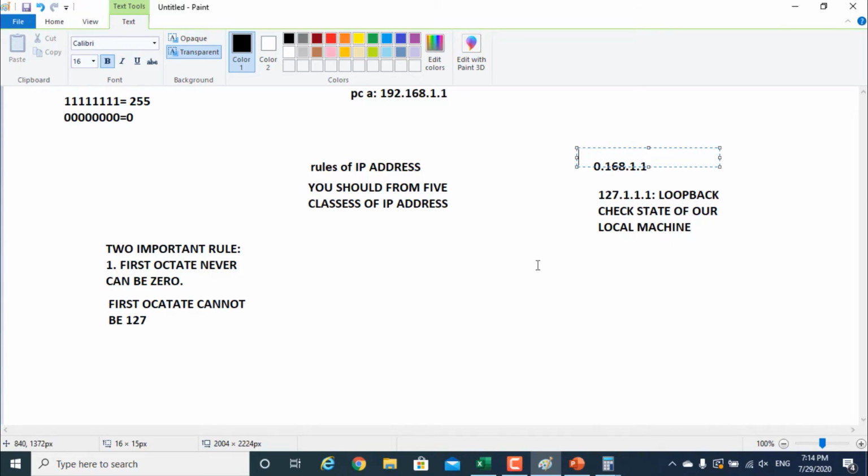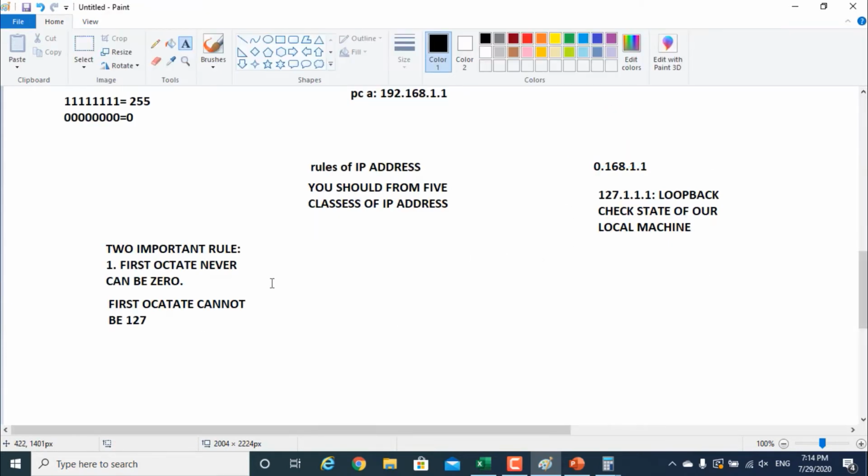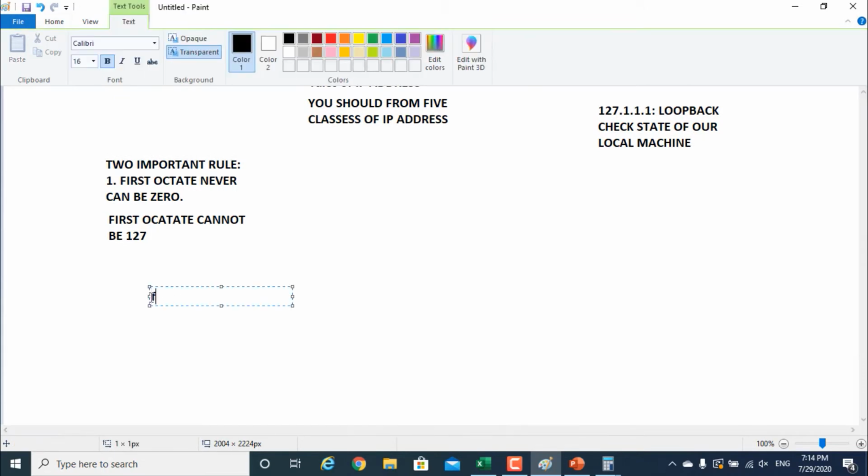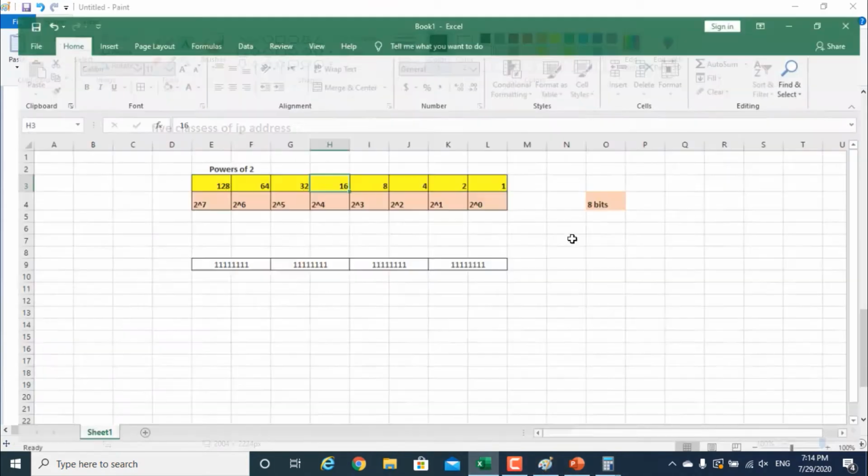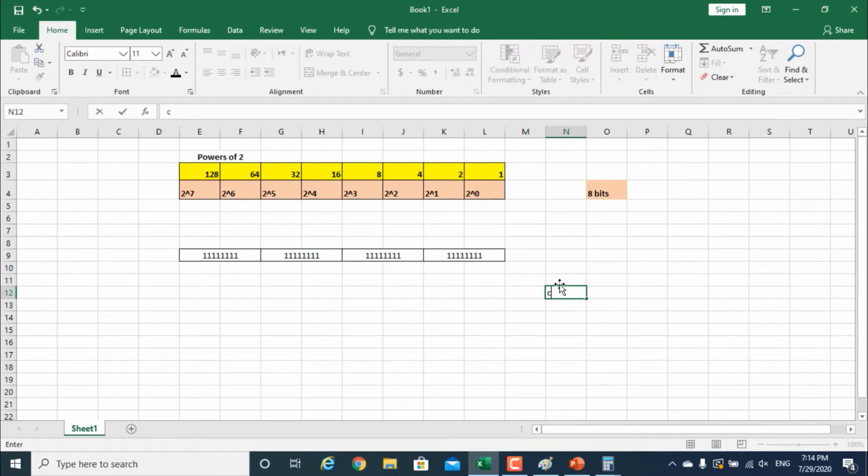So apart from these two, how many classes of IP address are we going to have? We are going to have 5 classes of IP address. What are those 5 classes, guys? First of all, you should know how to identify classes based on the first octet.